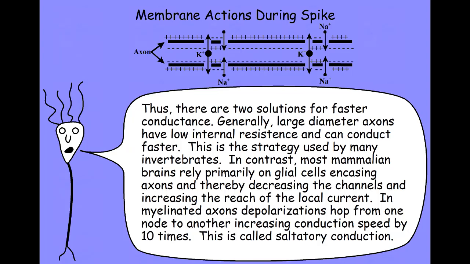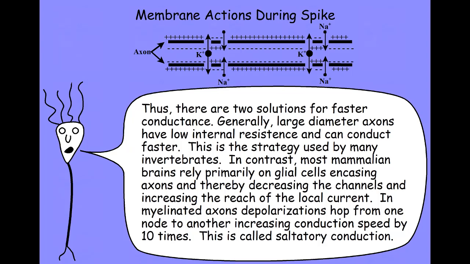So there are two solutions for faster conduction. Generally, larger diameter axons have low internal resistance and can conduct faster. And this is the strategy used by many invertebrates. Now, in contrast to that, most mammalian brains rely primarily on glial cells encasing the axons, myelination, and thereby decreasing the channels and increasing the reach of the local current.